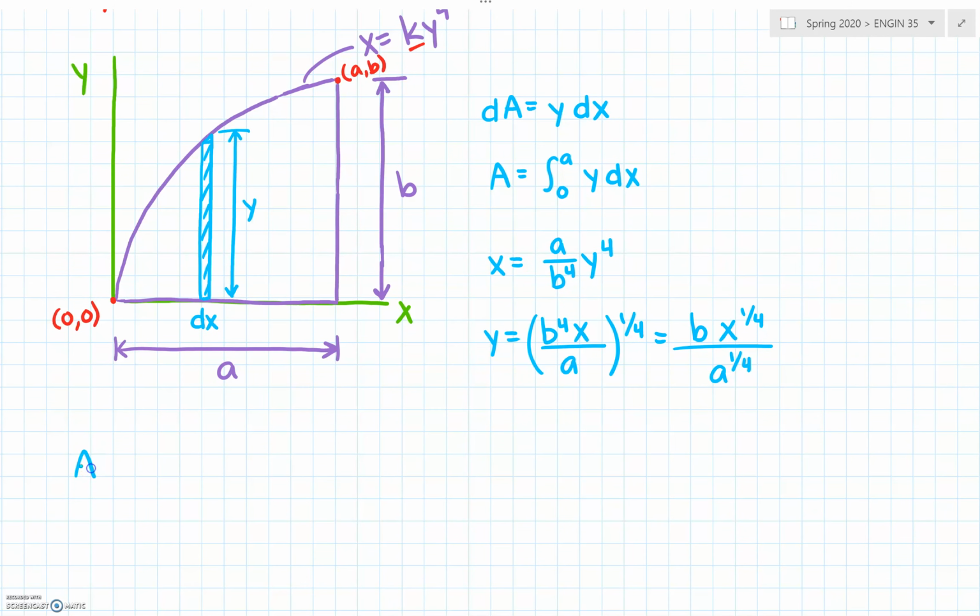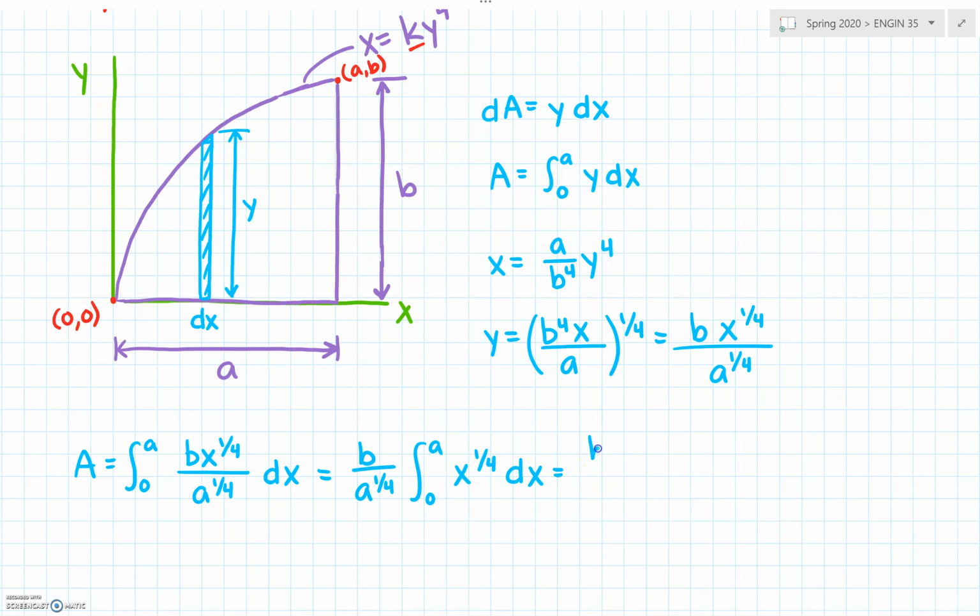So the area A is going to be the integral from 0 to a of b x to the 1/4 over a to the 1/4 dx. We can take out that constant, b over a to the 1/4, and then we have the integral from 0 to a of x to the 1/4 dx.